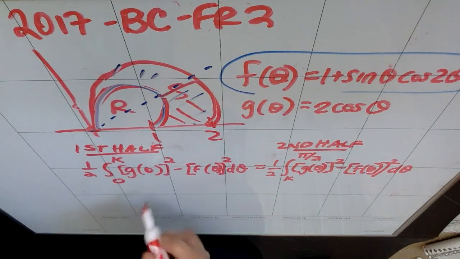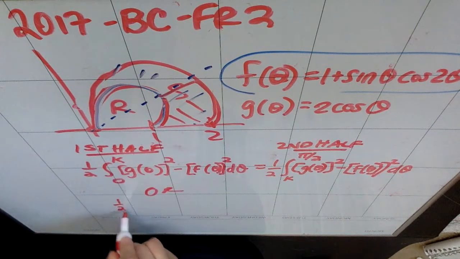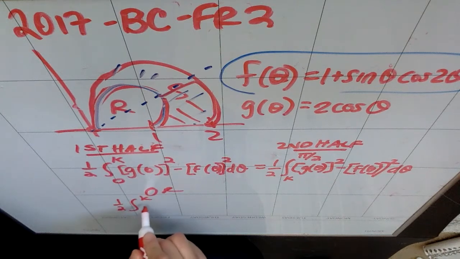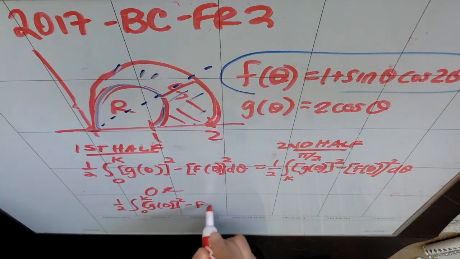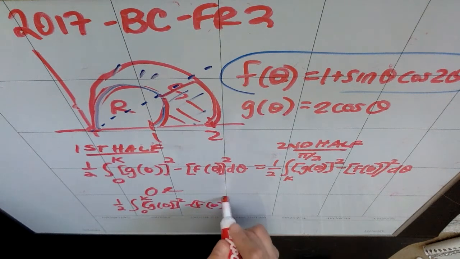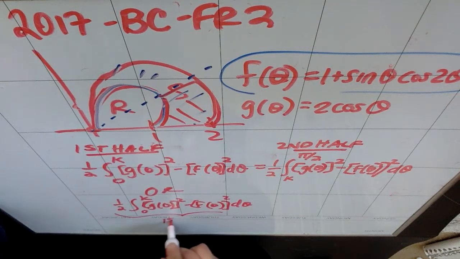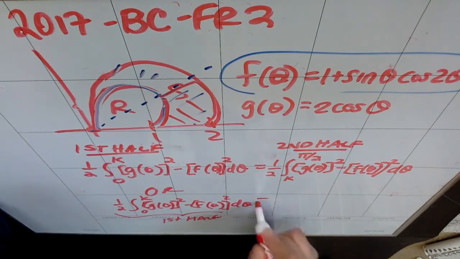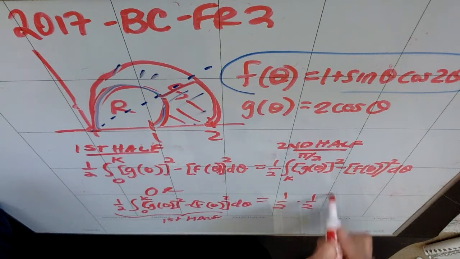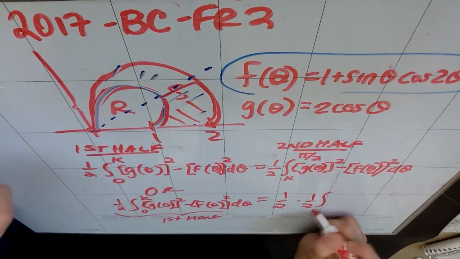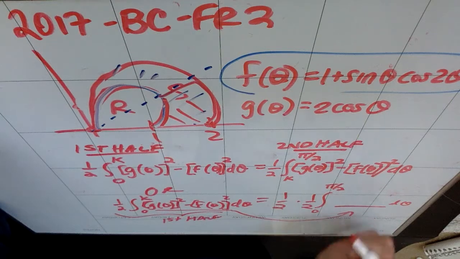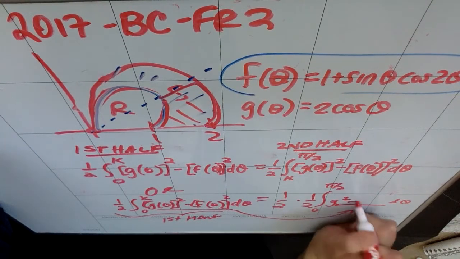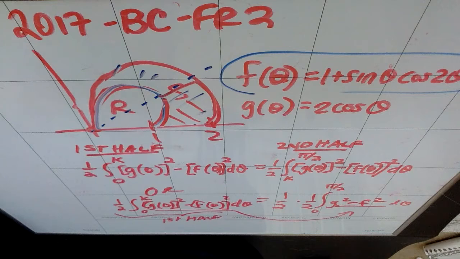So the other way that you might see this answer is 1/2 the integral from 0 to k of g of theta quantity squared minus f of theta quantity squared d theta, because this would be the first half, equals 1/2 of the value if you did the whole thing from 0 to pi over 2 of that same integrand. I'm going to be kind of lazy and not write it again, the g of theta squared minus the f squared, because I ran out of room on my board.